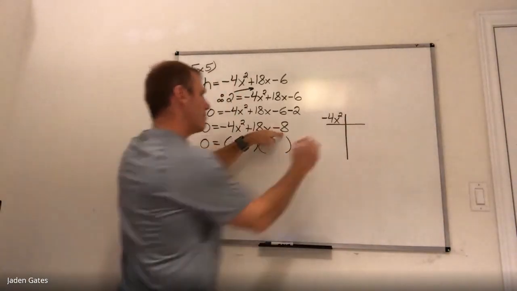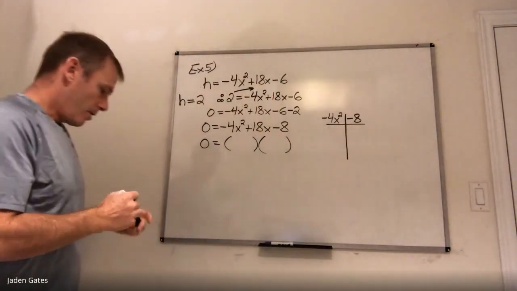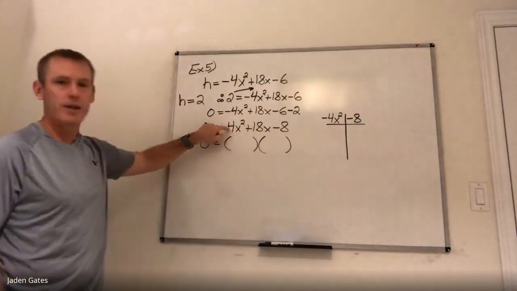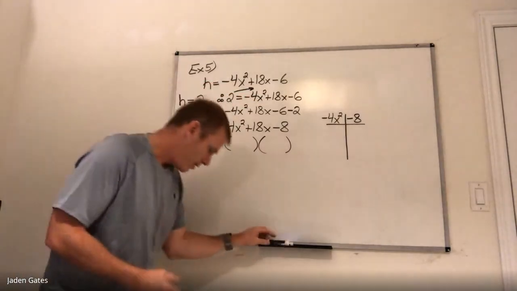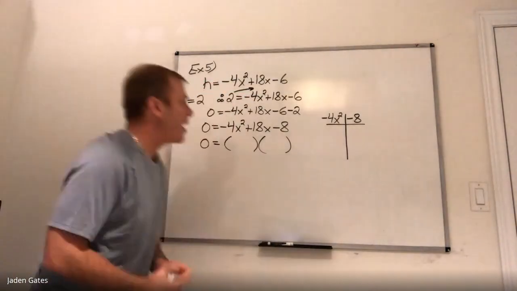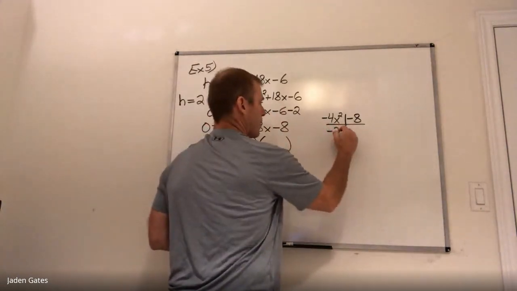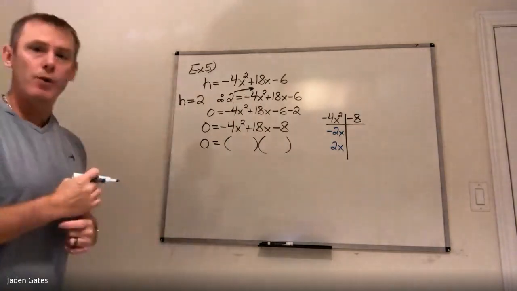My last term, the minus 8, in the other corner. Yikes, this one could be a tough one. Because there is not a 1 in front of the x squared, I'm going to have to work both sides of my chart. Hopefully not too long, but we'll see what happens. So I guess negative 4x squared. Again, I always like to just try a couple right off the bat just to see how I'm doing. So I'm going to go with negative 2x and 2x.